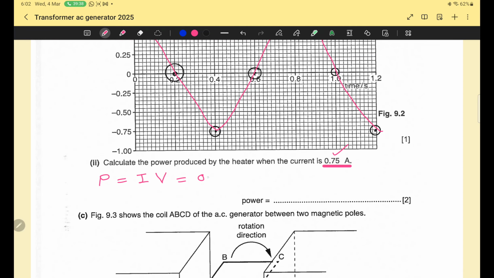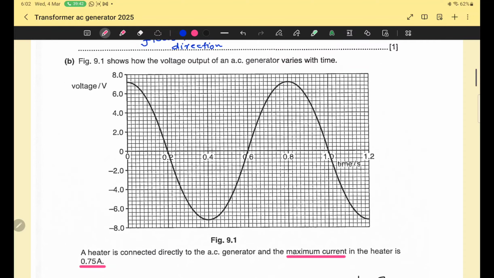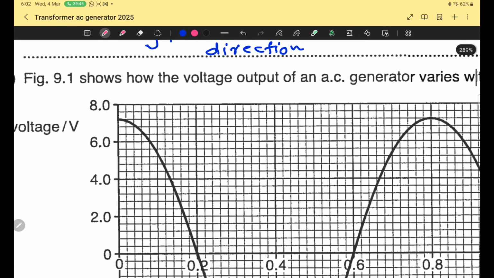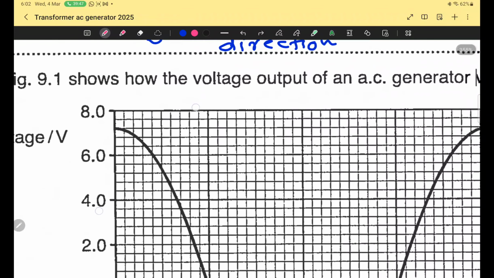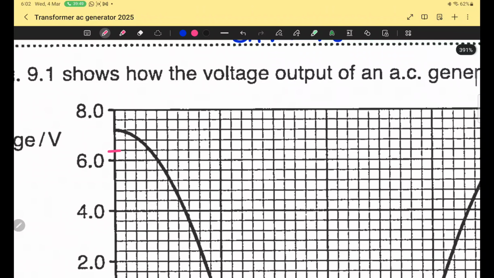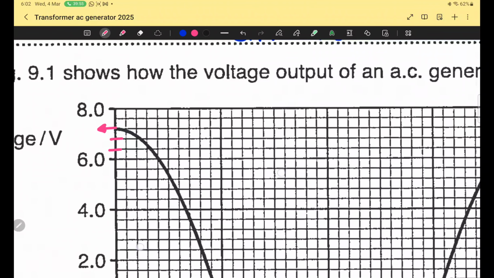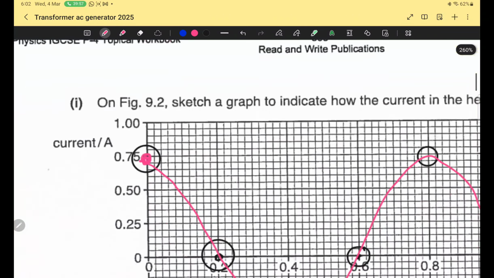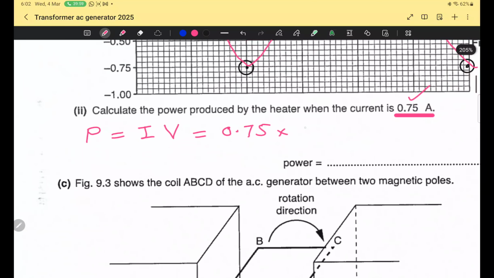When the current is 0.75 ampere, then the voltage is this value. And what is this value? So we have to read, sir, this is 6.4, 6.8, 7.2. This number is 7.2. So the voltage is 7.2.